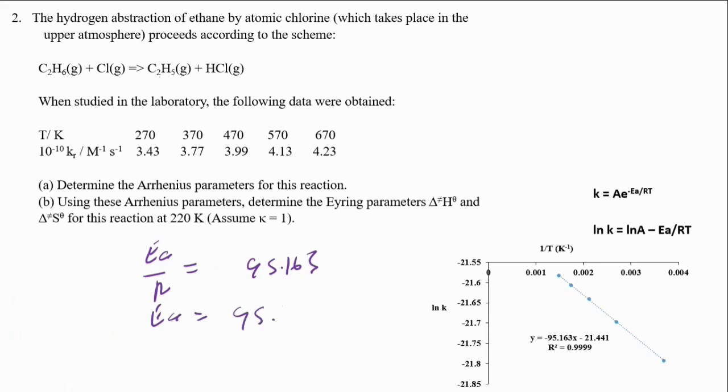This is 95.163 times 8.314 joules per Kelvin per mole. I can work that out: 95.163 times 8.314. This is what I have here, 791.19. That is my activation energy.